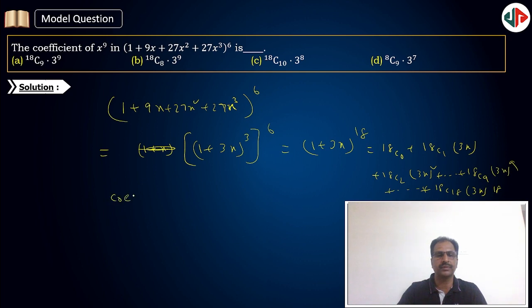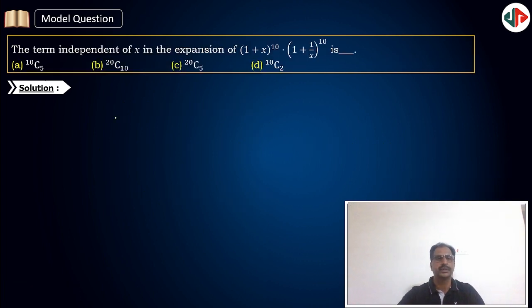So what is the required coefficient? Coefficient of x power 9. What is the coefficient of x power 9 here? 18c9 3 power 9. Option A.